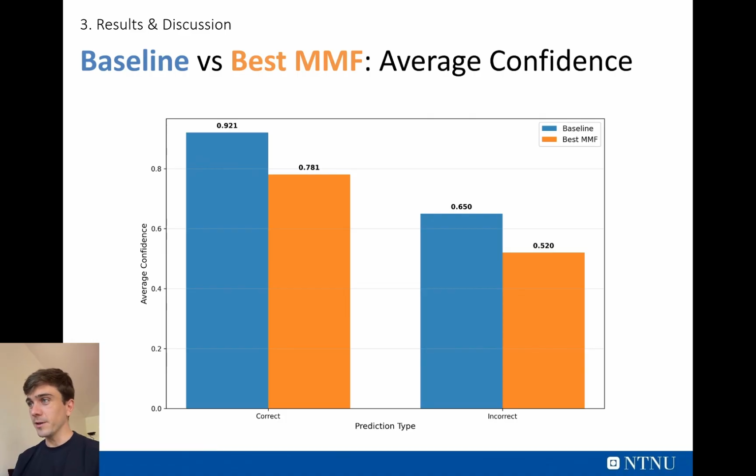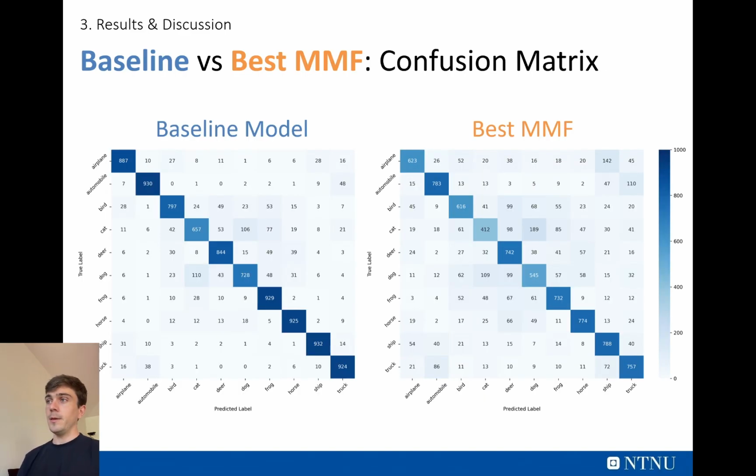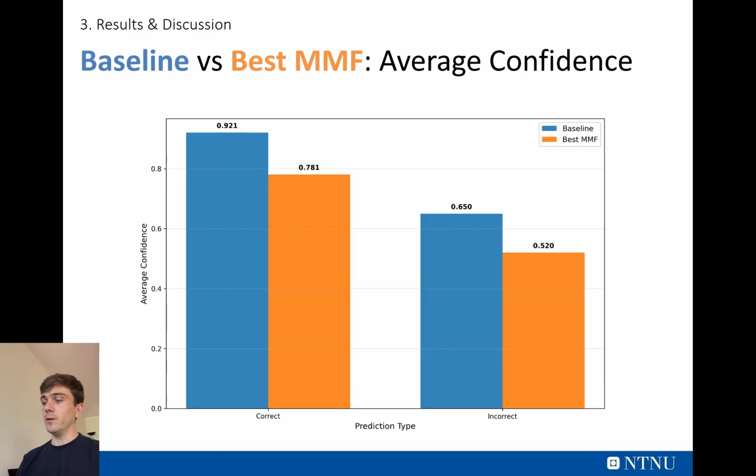But when it's incorrect, the class that it's predicting has like 65%, so it's not so sure if it's that or another one. And the matmul-free follows a similar logic, so it's more sure when it's correct than when it's incorrect. But if you compare it to the baseline, those values are lower, so the baseline is more sure of what it's doing.